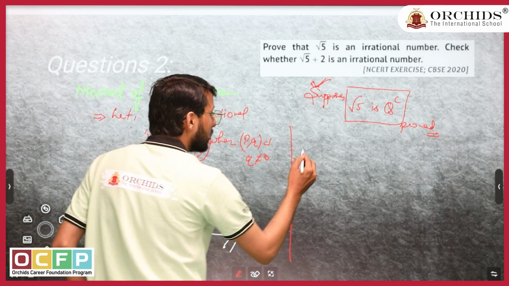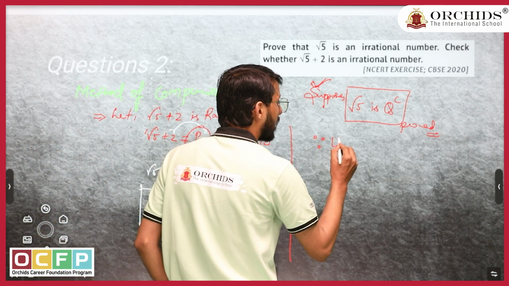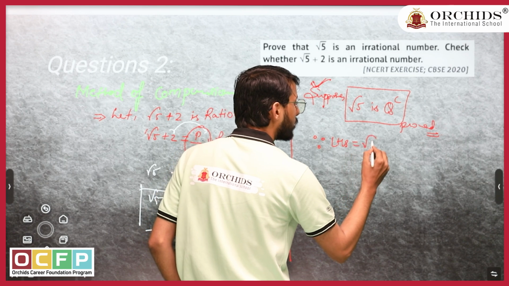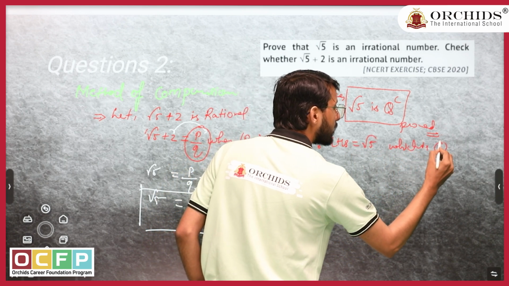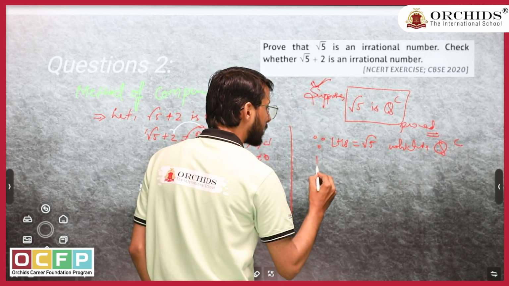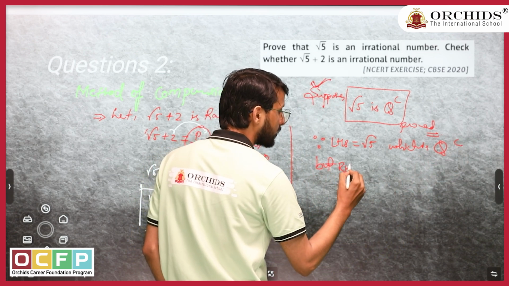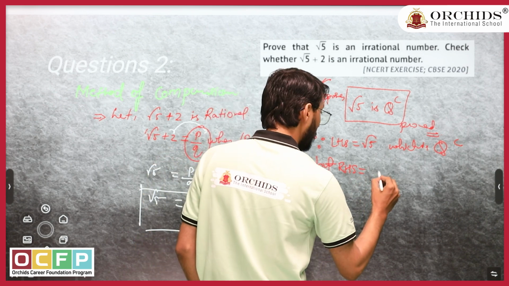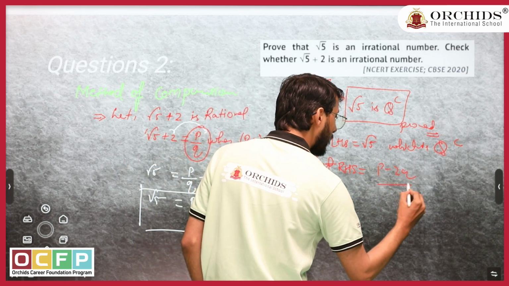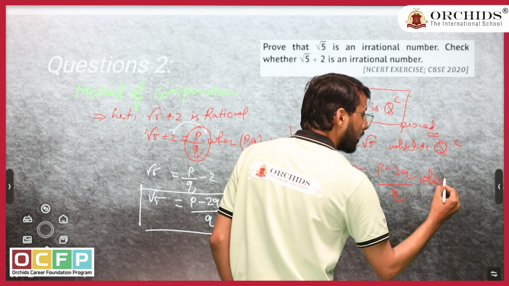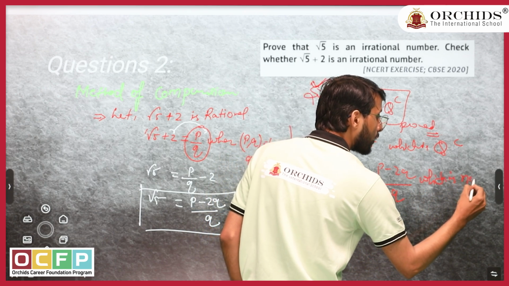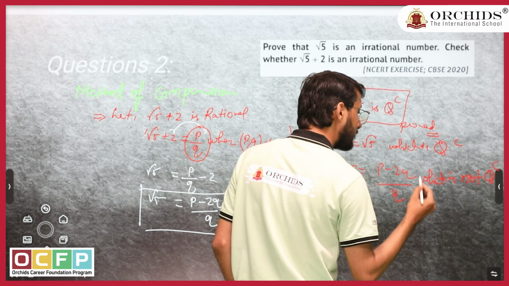So what we got? Since our LHS is equal to root 5, which is an irrational number, but RHS is equal to p minus 2q by q, which is not irrational, it is rational.